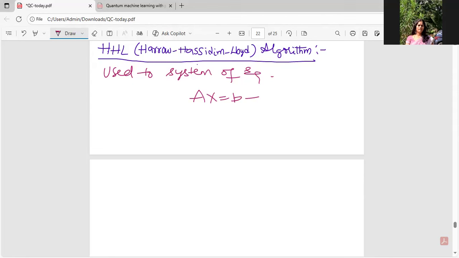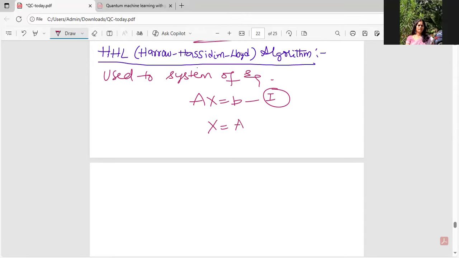All of us are aware of matrix theory. AX is equal to B would be the system. There are different ways, Gaussian elimination, Cramer's rule kind of thing to solve the system. One version is X is equal to A inverse B, if A is non-singular.